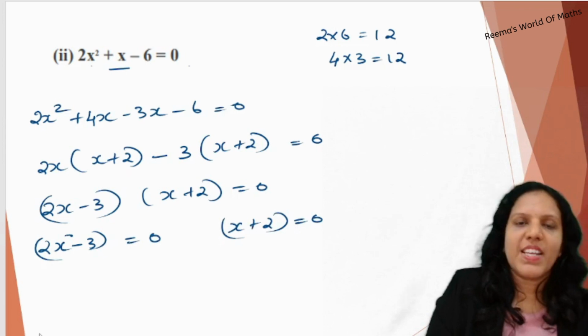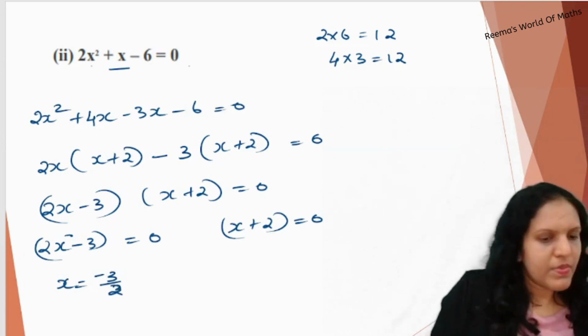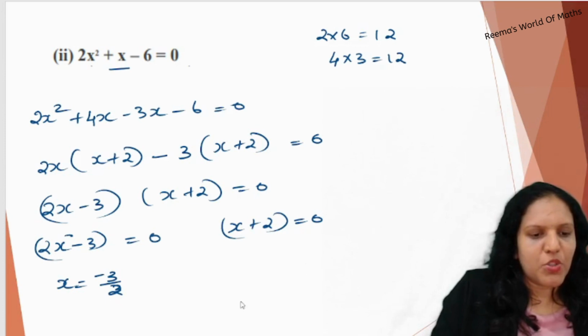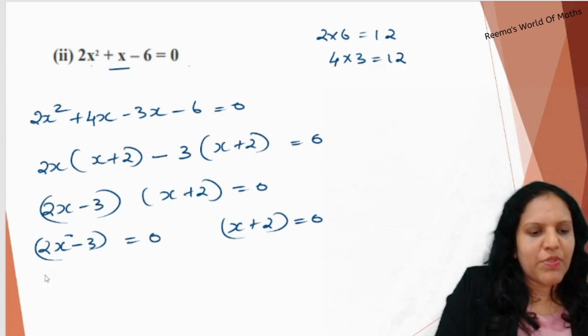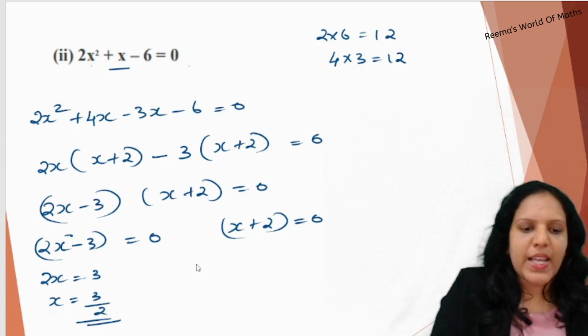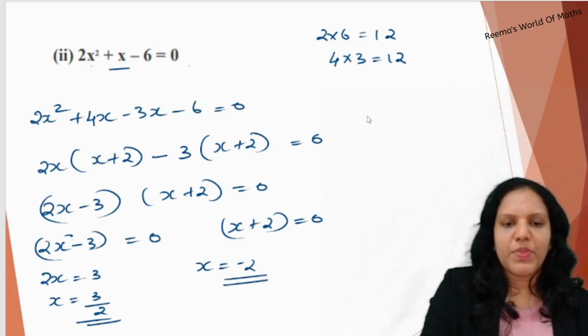If 2x minus 3 equals 0, then 2x equals 3, so x will be 3 by 2, there is no minus. Secondly, if x plus 2 equals 0, then x equals minus 2. So we got two roots for the quadratic equation: x equals 3 by 2 is one root and the second one is x equals minus 2.